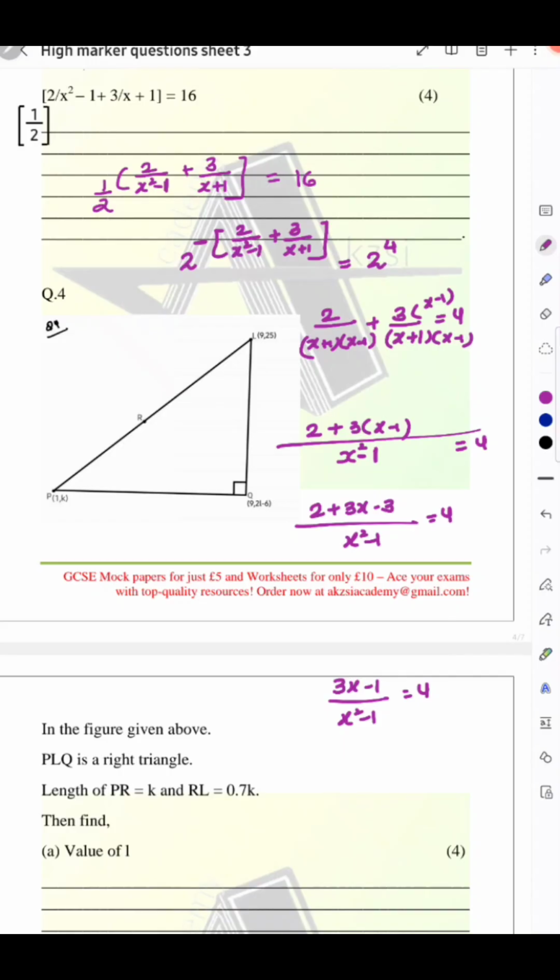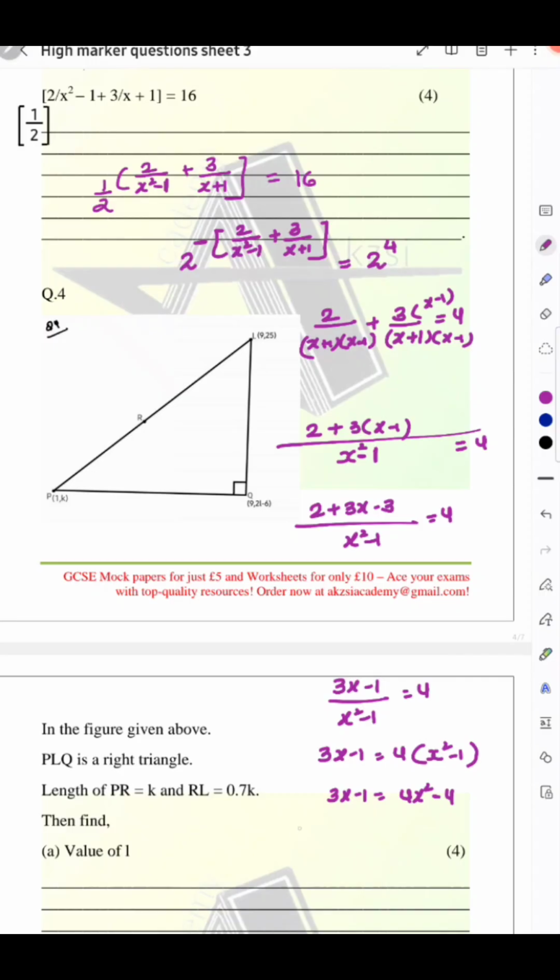Multiplying both the sides by x squared minus 1, I'll get 3x minus 1 equals 4 times x squared minus 1. This is 3x minus 1 is equal to 4x squared minus 4. Bringing all of them at one place, because I can clearly see it's a quadratic equation and I need to solve it.